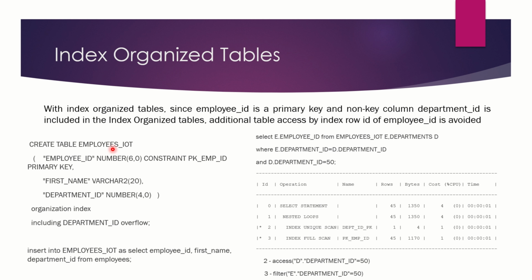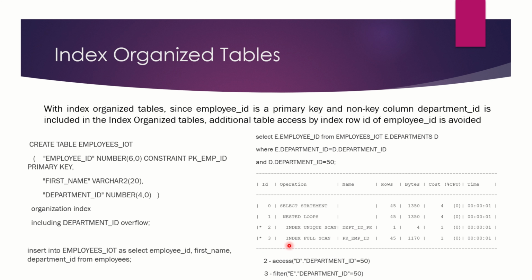Now since I already have the index organized table created, I execute the same query which I executed previously, but in this case the employees table is the index organized employees table. And if you see the change in the execution plan, the second is the first operation which is going to execute. So the second operation is exactly d.department_id equal to 50.